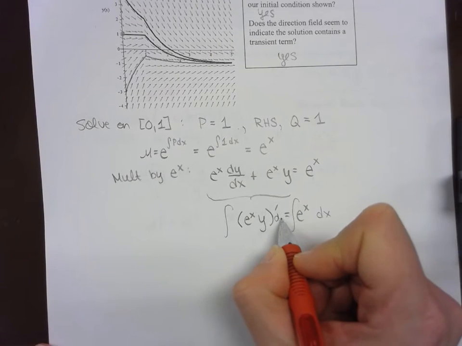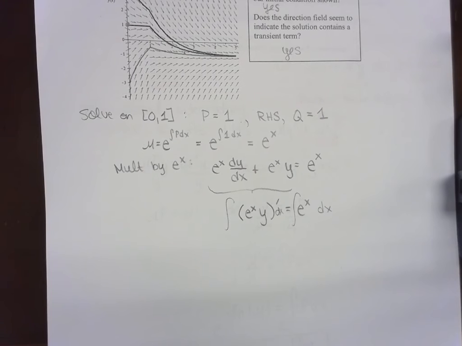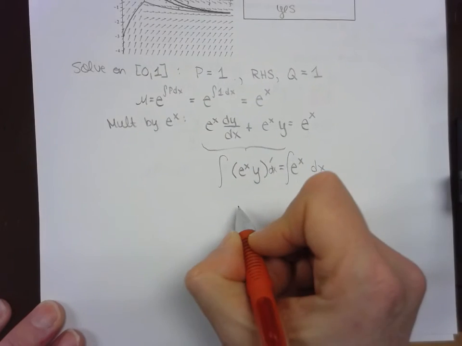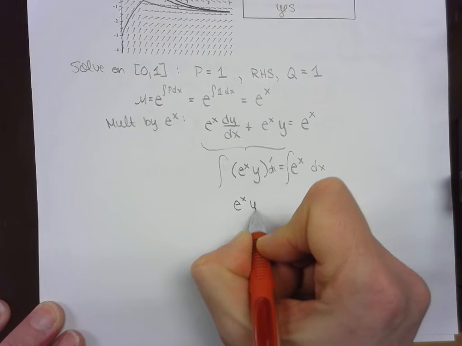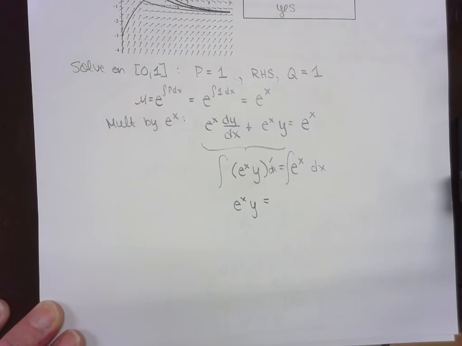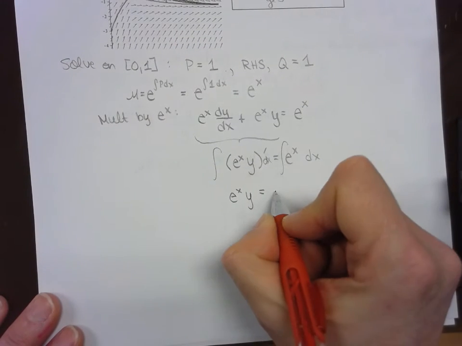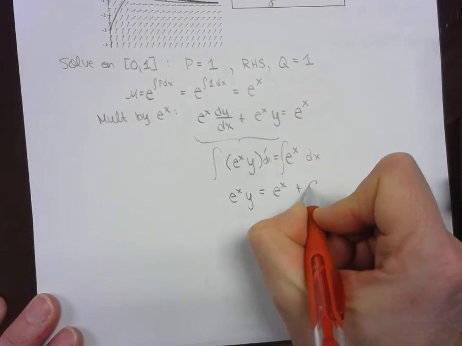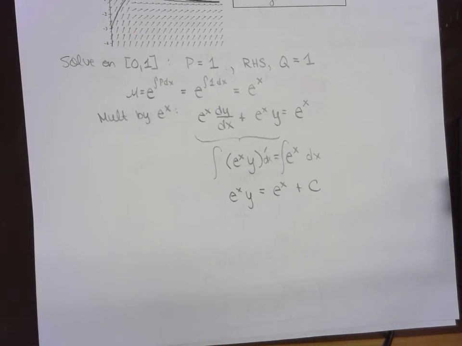What do I get on the left side? e to the x times y, right? The antiderivative of a derivative just gives what's inside the parentheses. And on the right-hand side, the antiderivative of e to the x plus c. Then for our explicit solution, I'm going to divide by e to the x.